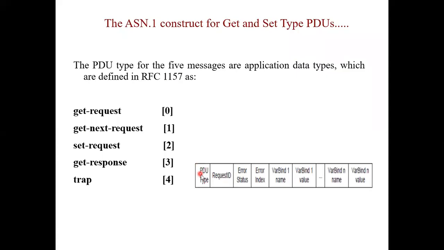Okay, so this PDU type I will fill in with 0, 1, 2, 3, 4, depending upon whether it is the get request, get next request, set request, get response, or the trap PDU. So the first field indicates ये जो 5 PDU हैं उनमें से कौन सा मैं भेज रही हूँ, whether it is set request है या get response है या get request है या trap है. So I hope you all are understanding what I'm trying to say.